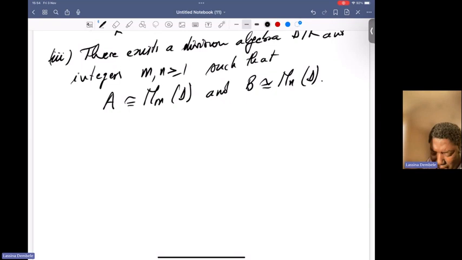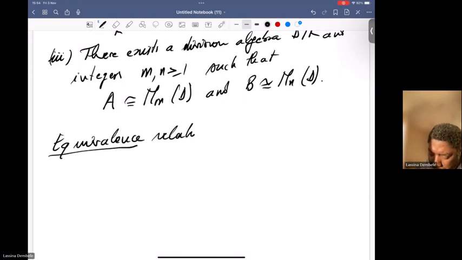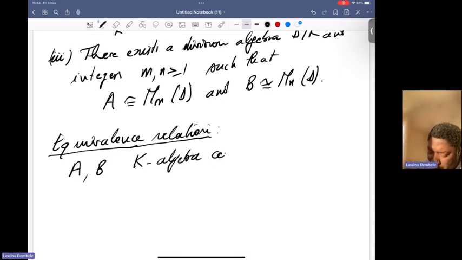So here is an equivalence relation. You start with A and B, central simple K-algebras.